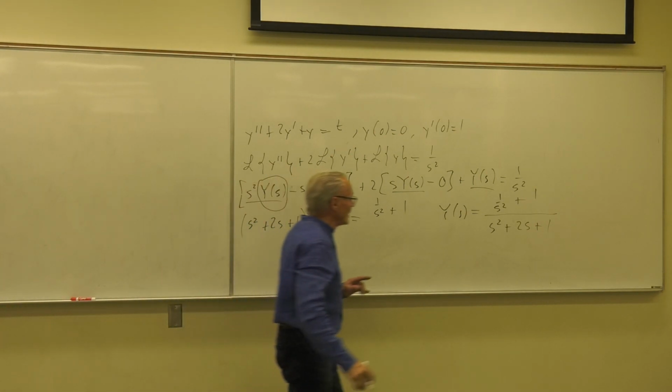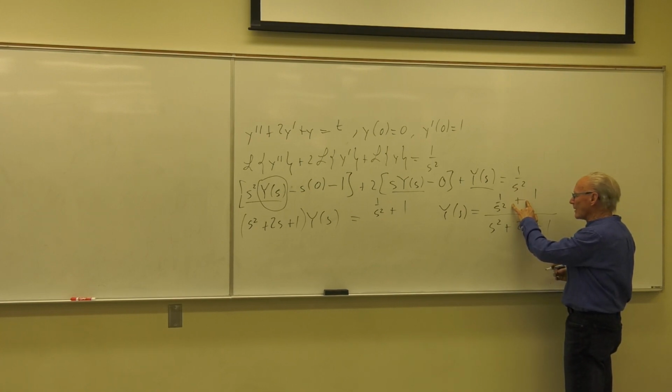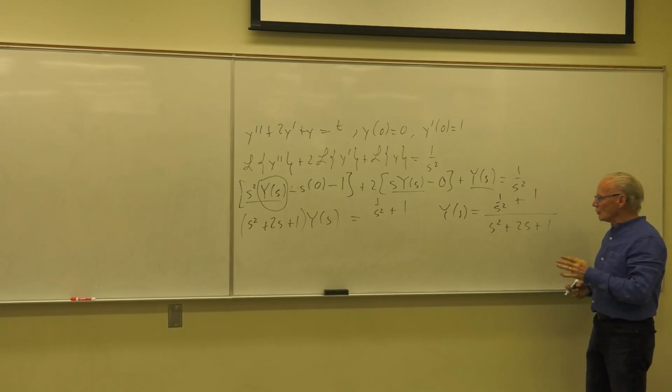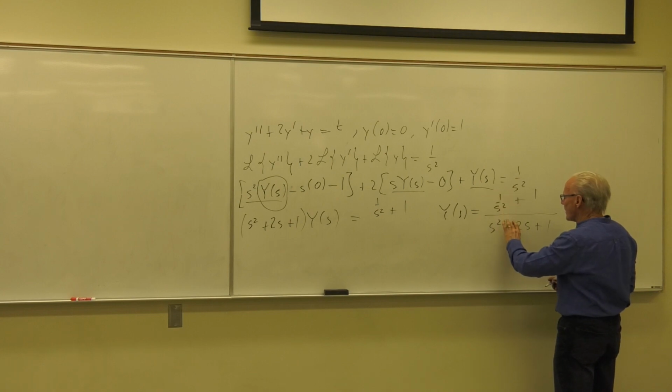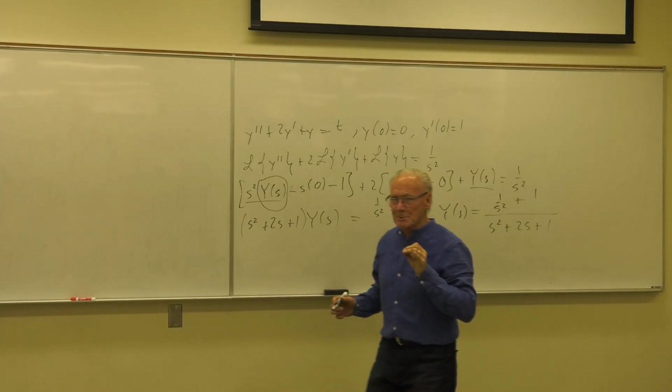One, you could bring these two to a common denominator, having a 1 plus s squared, and then take the s squared down. Two, you could take this one over this one, and this one over this one. Ultimately, you're going to have to do partial fractions.